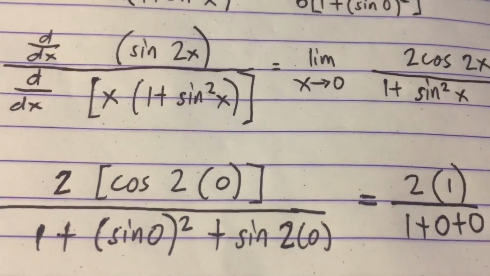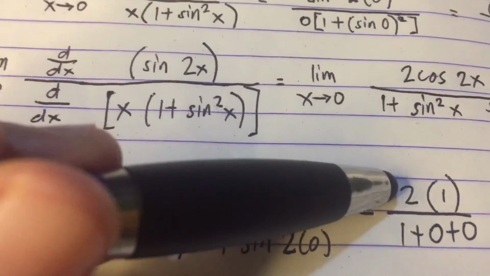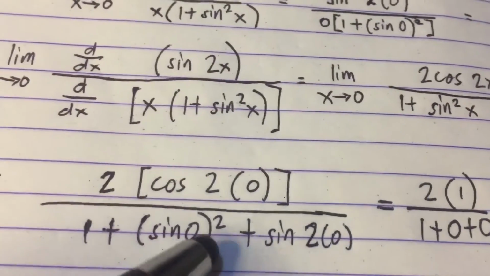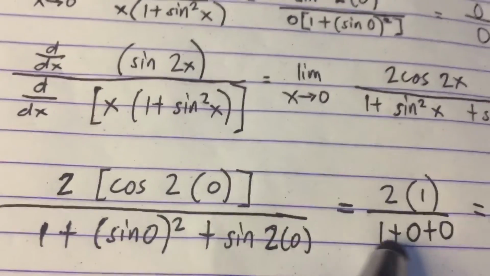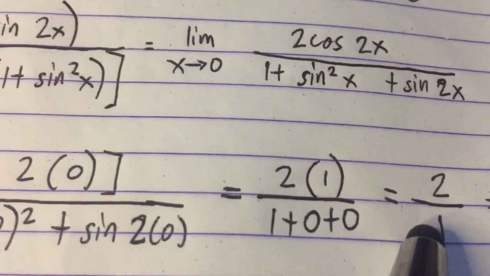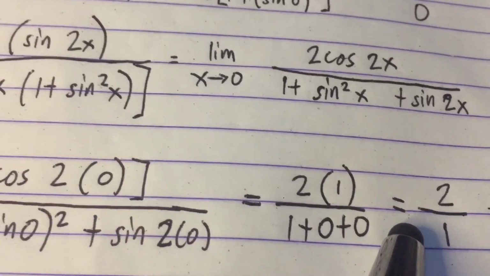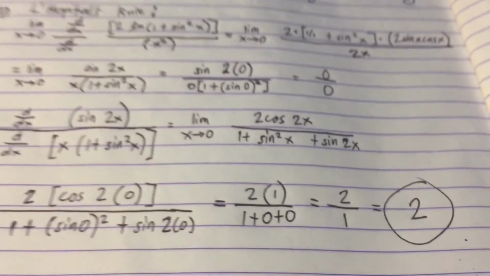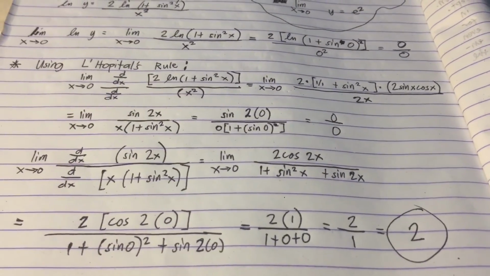So we have 2 times 1 for our numerator, and then 1, copy. This is 0 and this is 0 also. So we have here 1 plus 0, equal to 2 over 1. 2 divided by 1 is equal to 2. And that's it. That is the answer of our function.